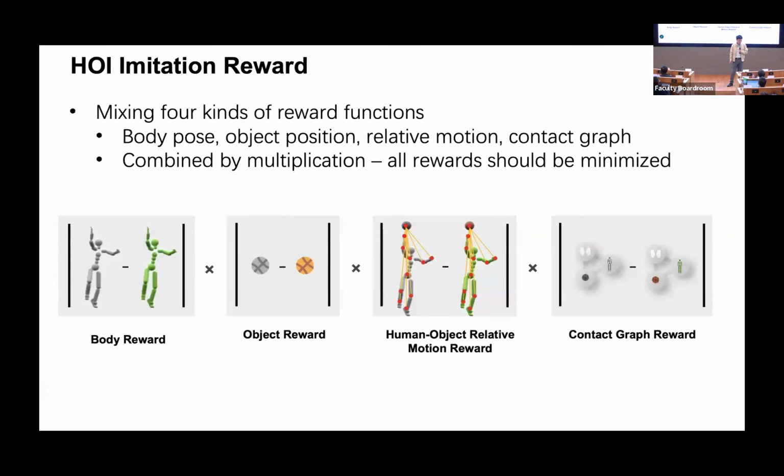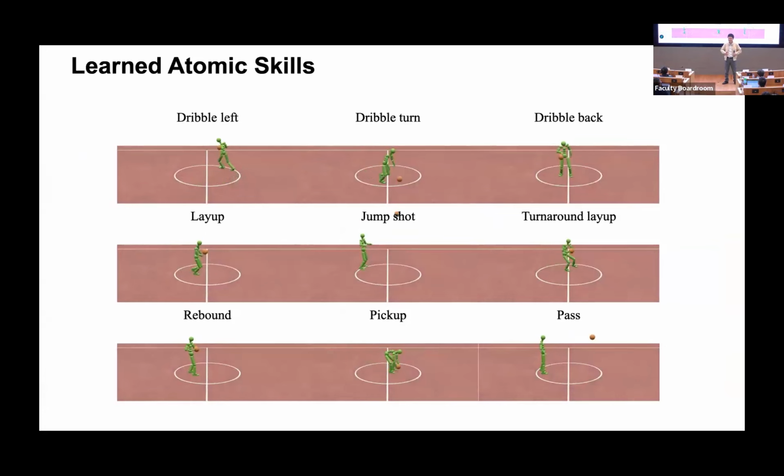We find it is really helpful because if you don't have it, the policy might cheat. For example, when you hold a ball, if you can enforce the contact so that the ball should not touch your body, then the contact graph will help you. Otherwise, it might hold the ball in such a way that your tummy touches the ball.